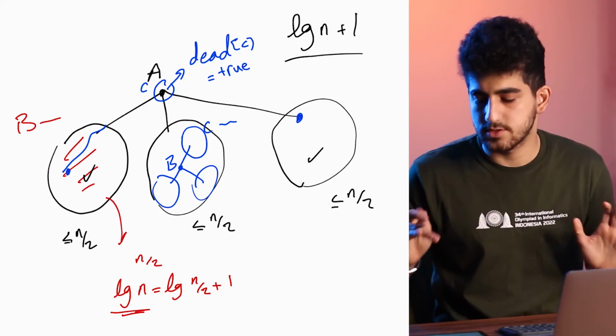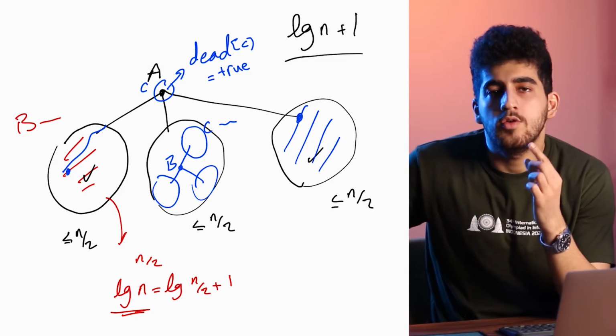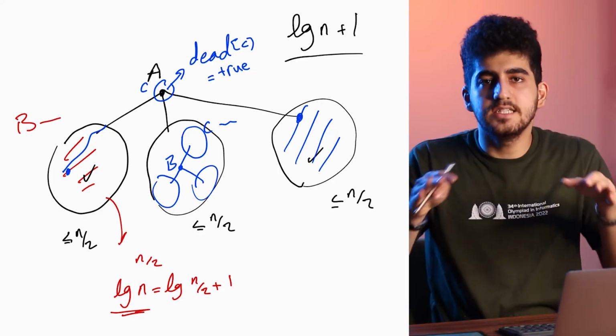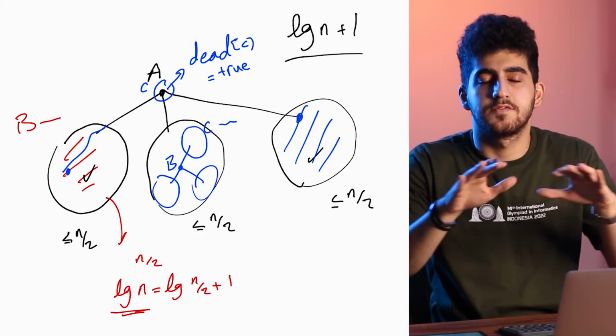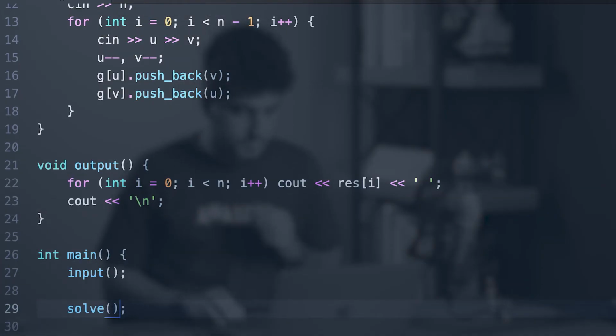This is processed, so this is not part of this connected component. So you pass only one vertex to that connected component, and inside that you will run a DFS and find all of those vertices. So what I'm going to do is just pass a vertex, which is vertex 0.